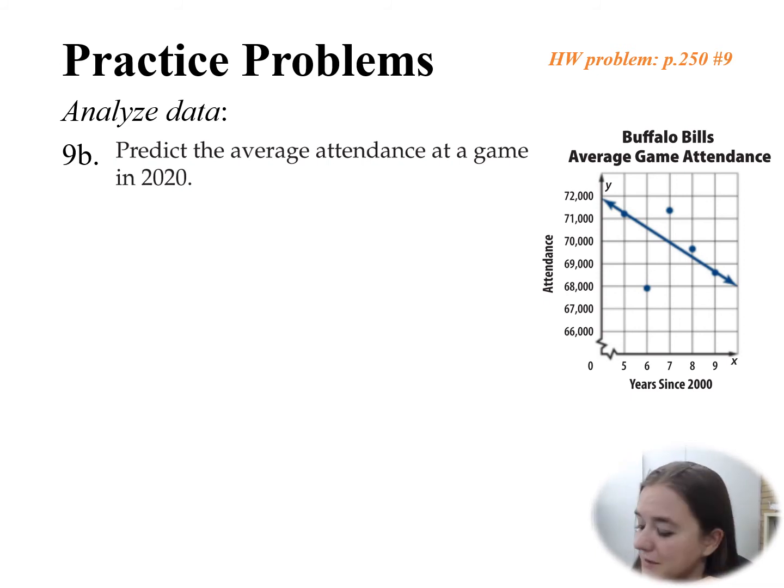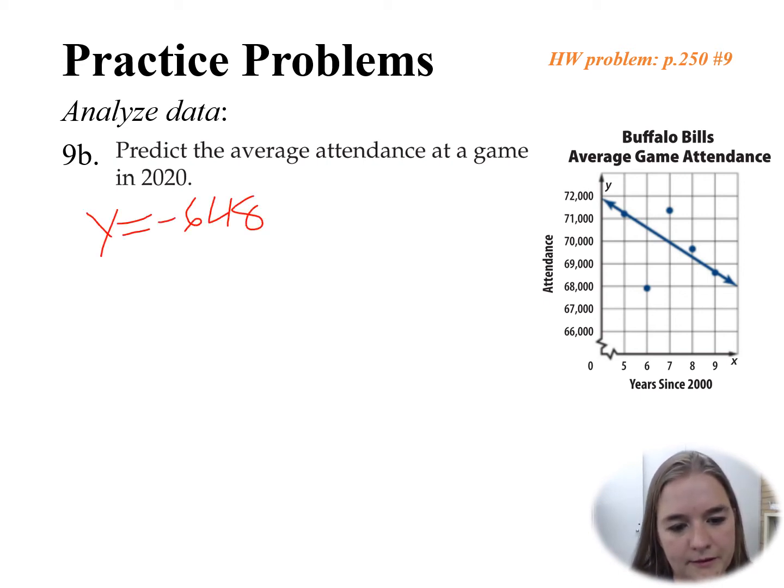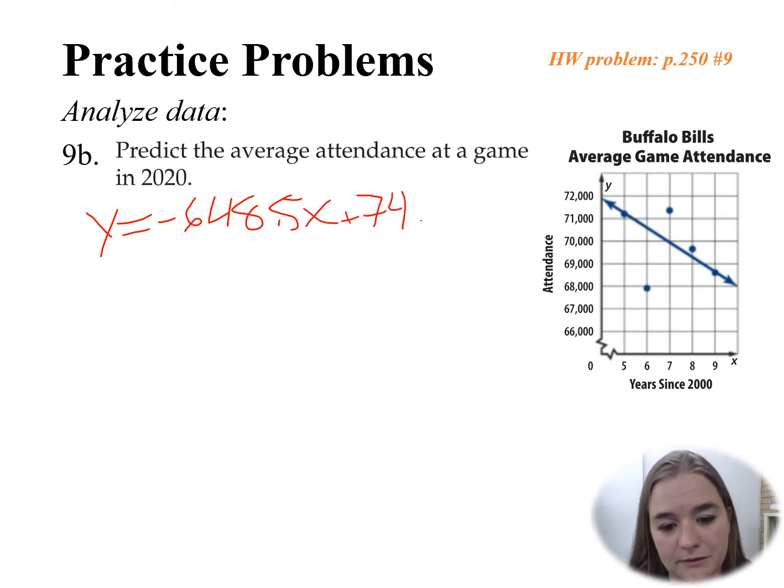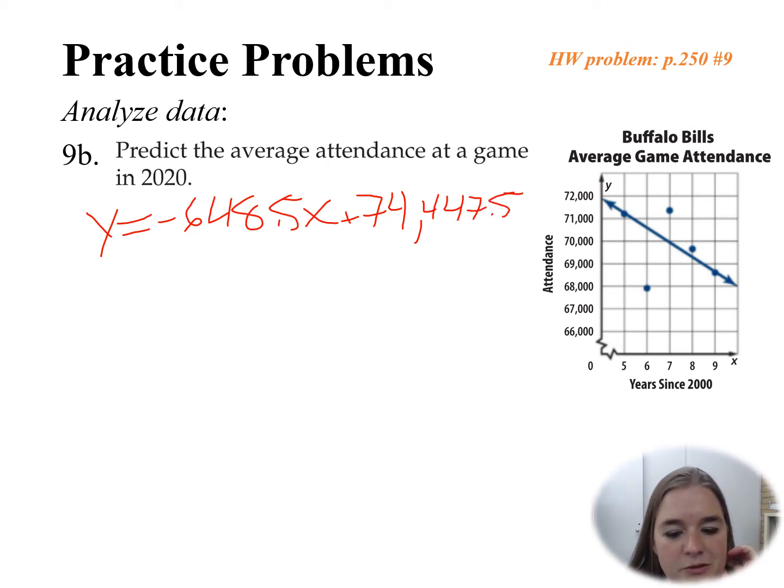So I'm going to use that linear equation that I just wrote, y equals negative 648.5x plus 74,447.5. And the average attendance at a game in 2020, well, 2020 is 20 years since 2000, so my x value is going to be 20.